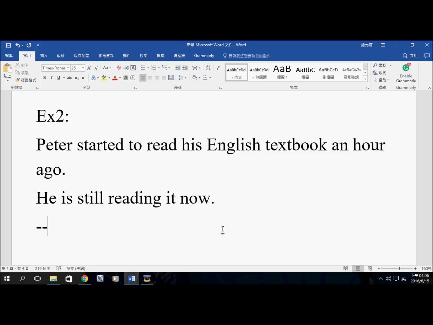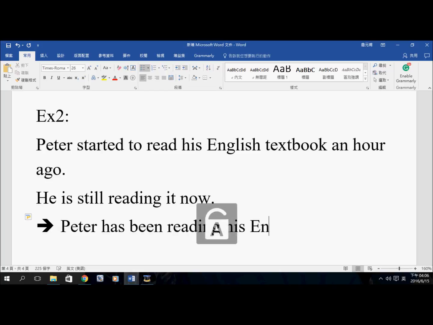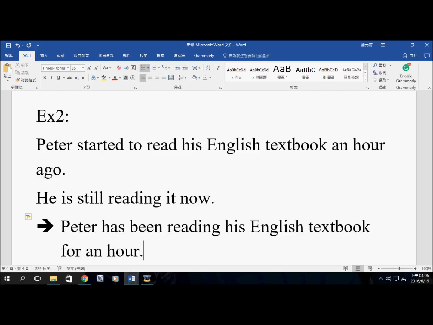So we say Peter has been, remember been, reading his English textbook for an hour. Of course, in example number 2, it's okay to use the present perfect tense.